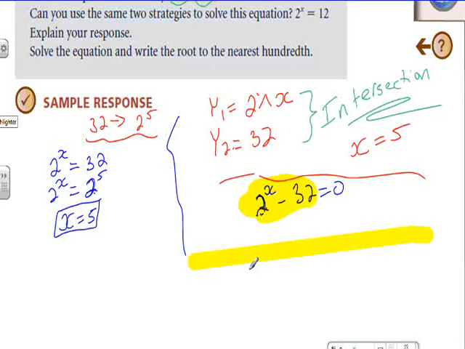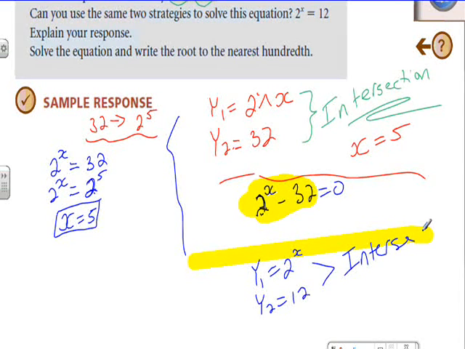So we could graph y1 equals 2 to the x, and graph y2 equals 12, and find our intersection between the two of them. I'll let you punch that into your calculator just to make sure that you can do this. And if we plug that in, x would come out to be approximately, to the nearest hundredth, 3.58.